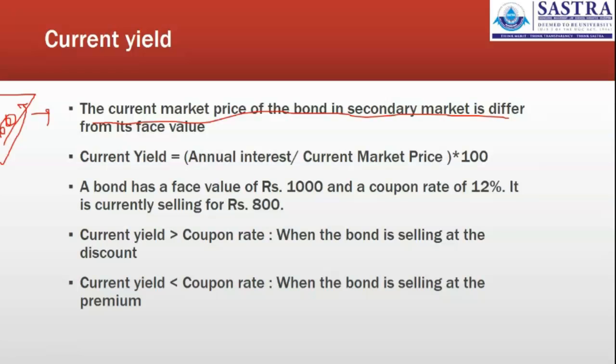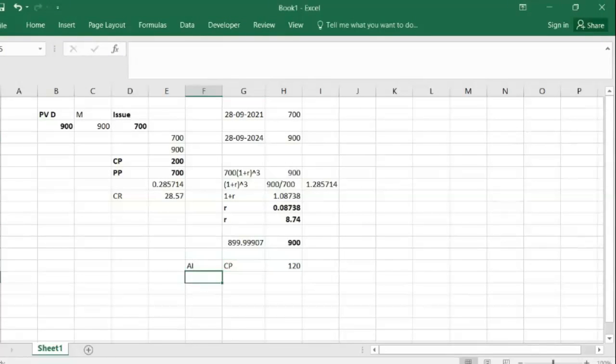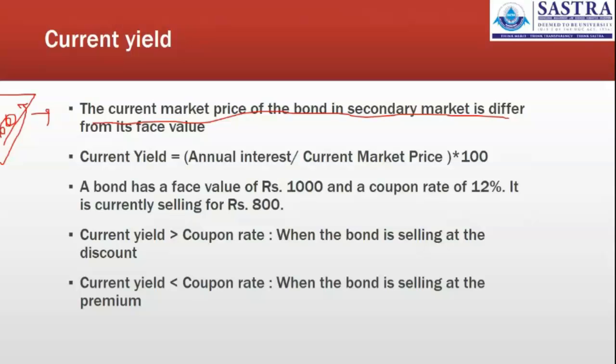You take 120 divided by 800. 120 is the coupon payment, or the annual interest, and the current market price of the bond is 800 rupees. So you take the yield divided by 800 rupees. The 15% is the return. 15% is the current yield.